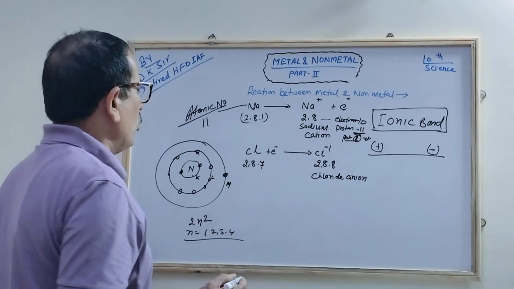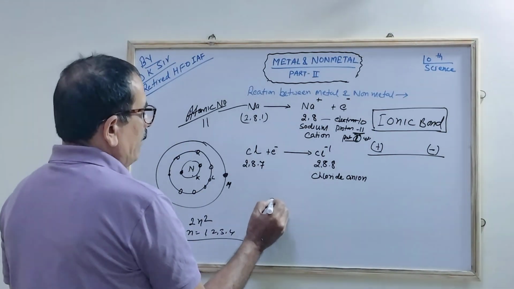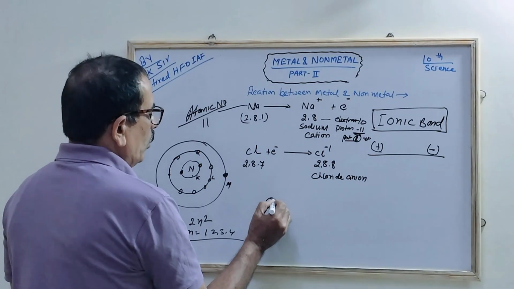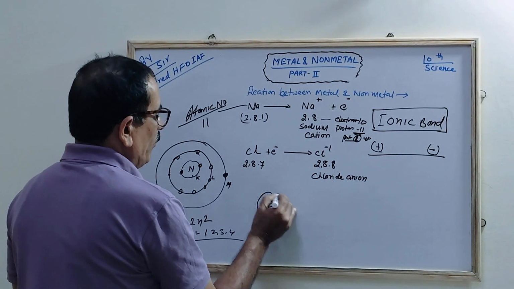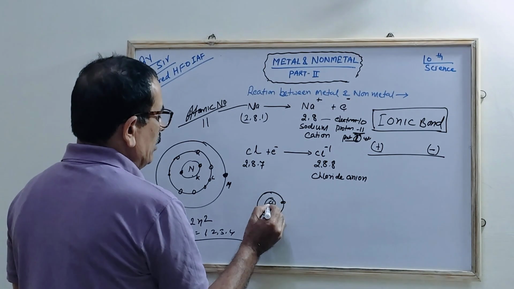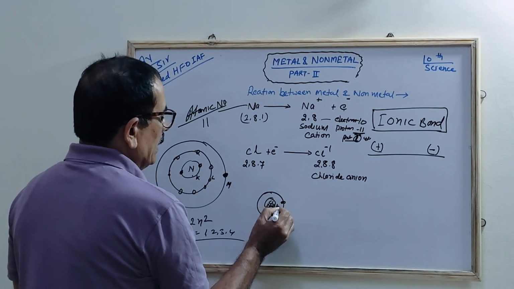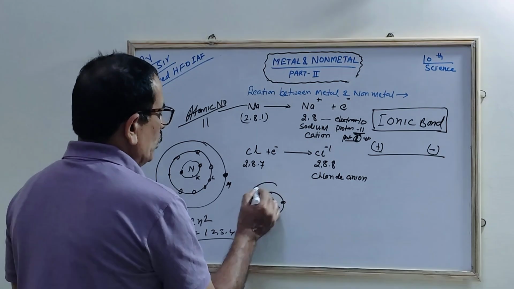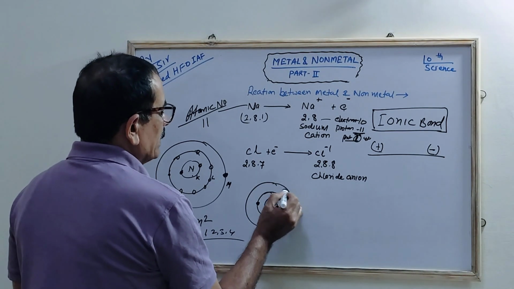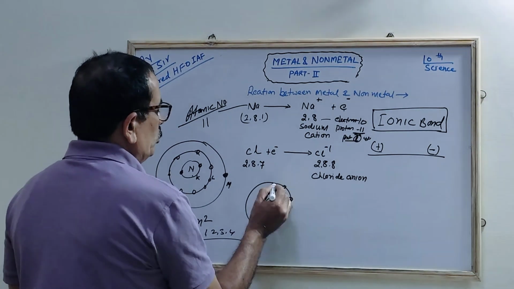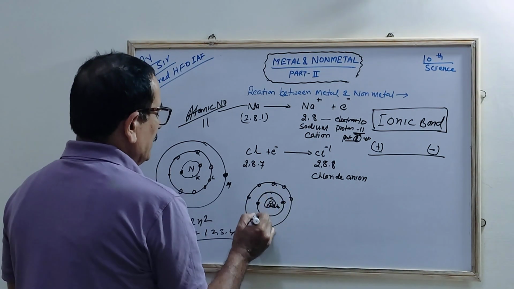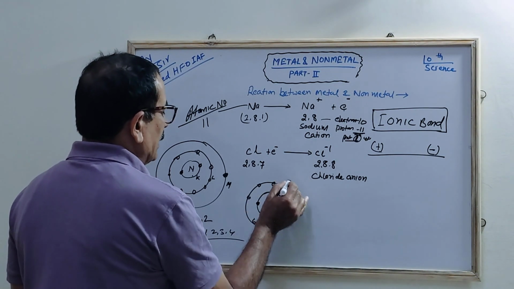Next we will see chlorine. For chlorine, this is the nucleus; the first orbit has 2 electrons, and the second orbit has 8.